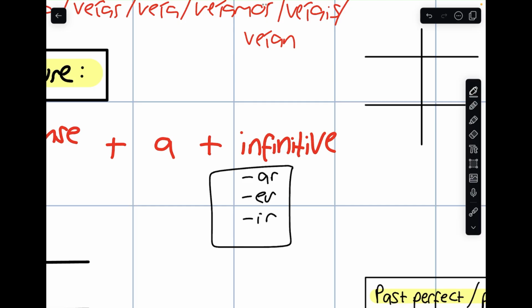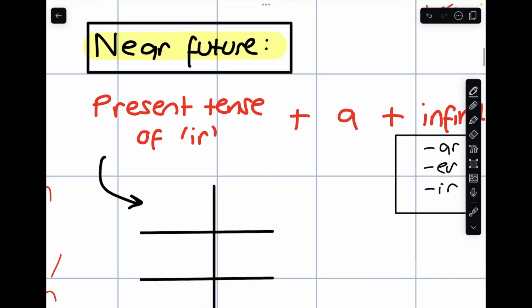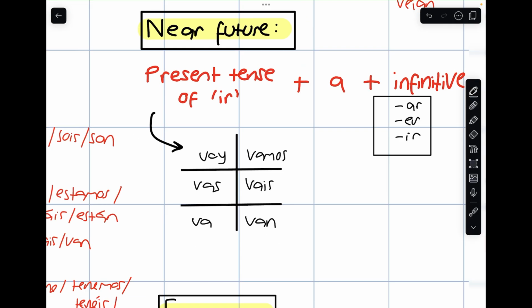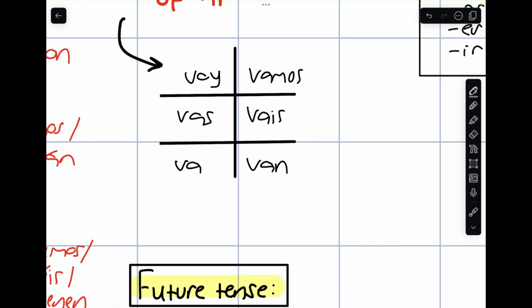That is the infinitive. Just to recap, for the present tense of ir, we have voy, vas, va, vamos, vais, and van.